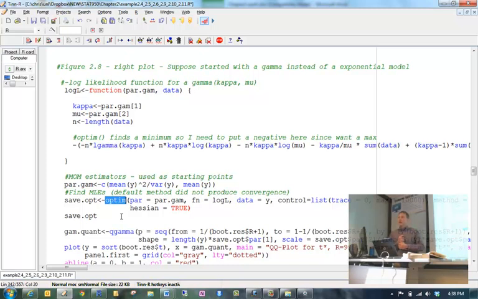I want to find the maximum, though. So what do I do? Well, I minimize the negative log likelihood function, which is equivalent to maximizing just the log likelihood function itself. So that's why I've coded it this way.